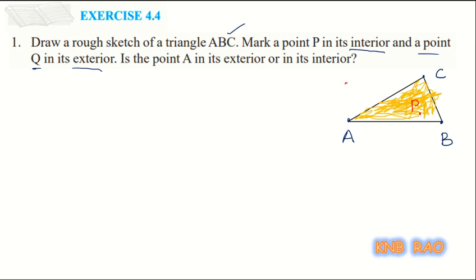Let me take somewhere here. This is point Q. So I have a rough sketch of triangle ABC drawn, with point P taken in its interior and point Q taken in its exterior.